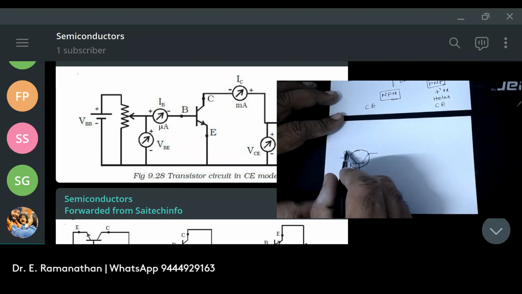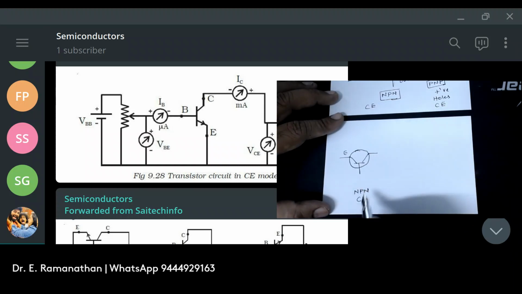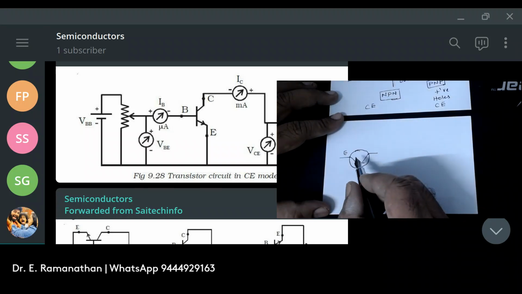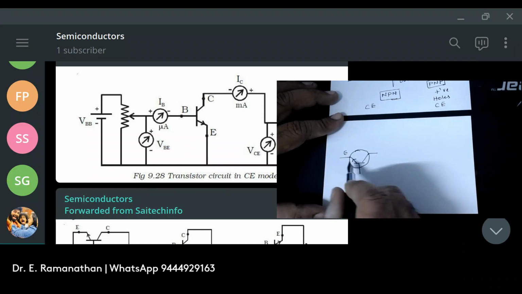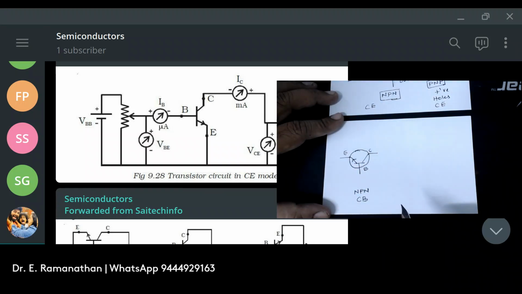So emitter, as you know, this is NPN, so the direction of current is away from the base. Okay, it means the negative charge carriers are emitted towards the base. This is the collector. So this is NPN common base configuration.